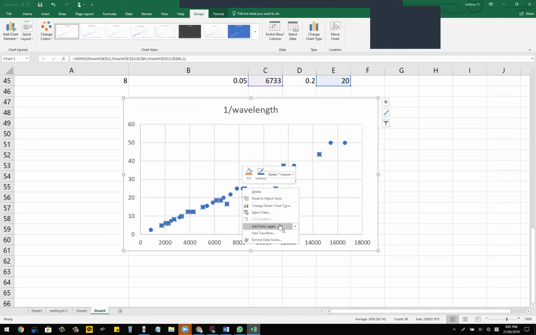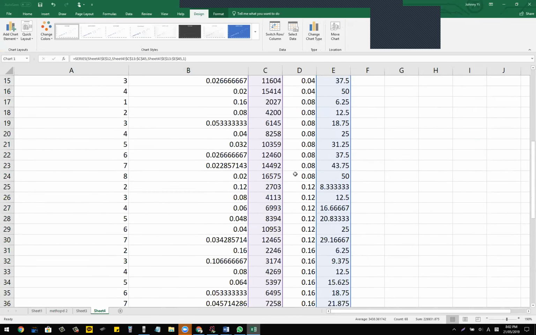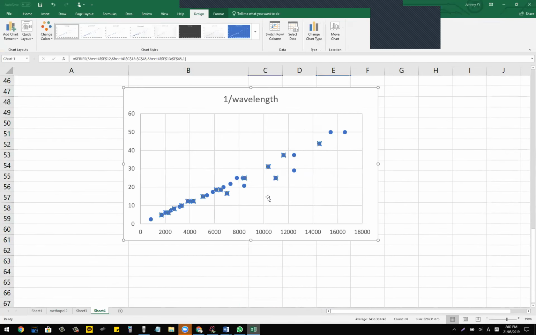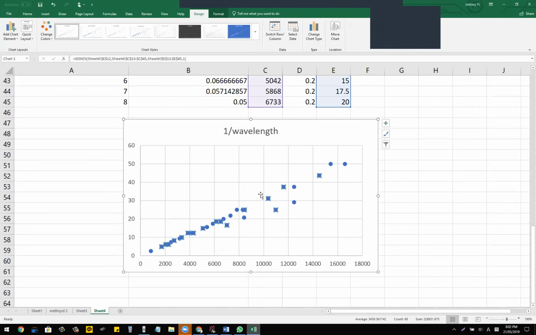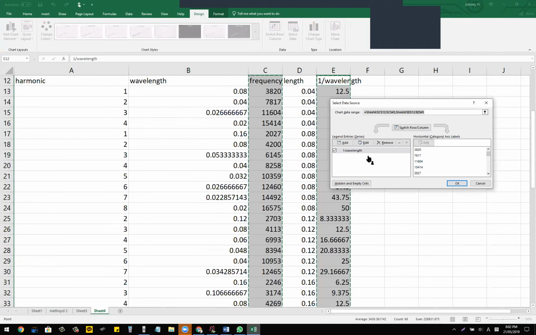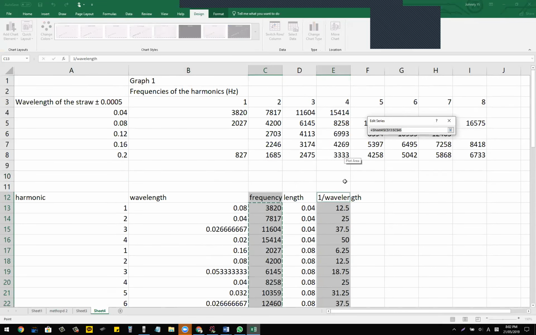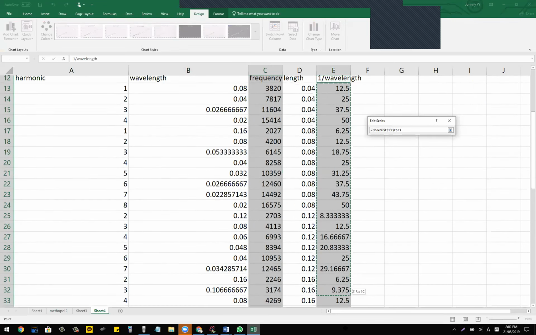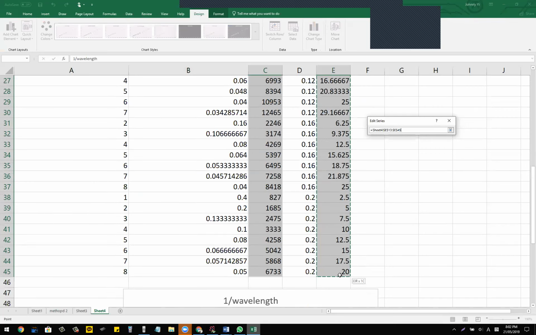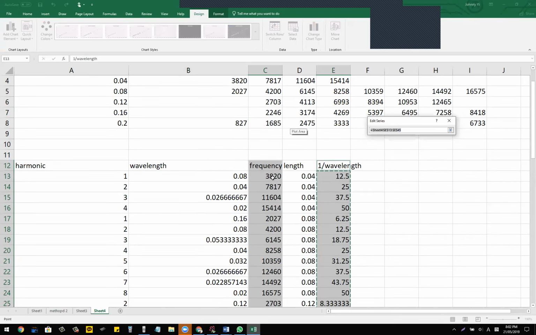And then let's see if this is so frequency. So we have to actually swap the frequency and wave. So select data, edit, X values are the wavelengths, Y values are the frequencies.